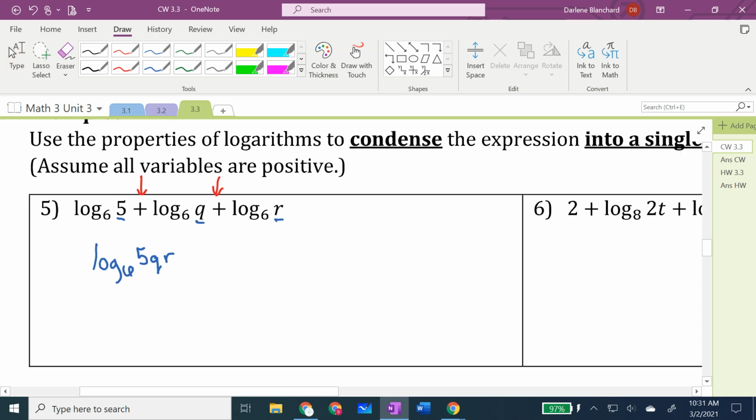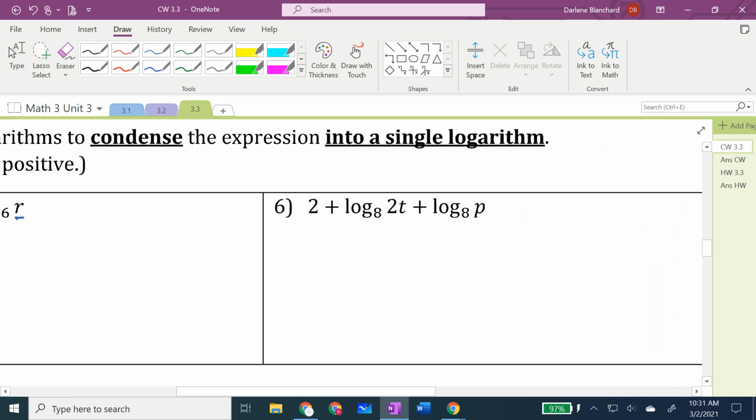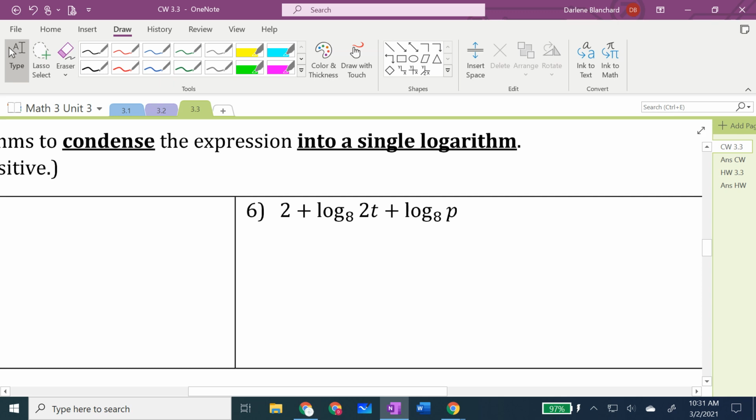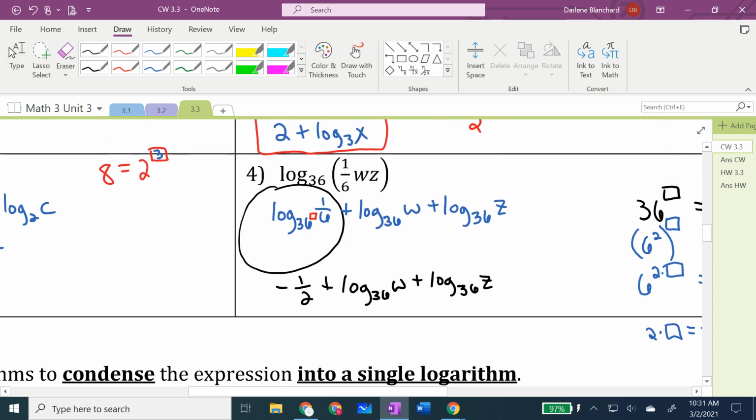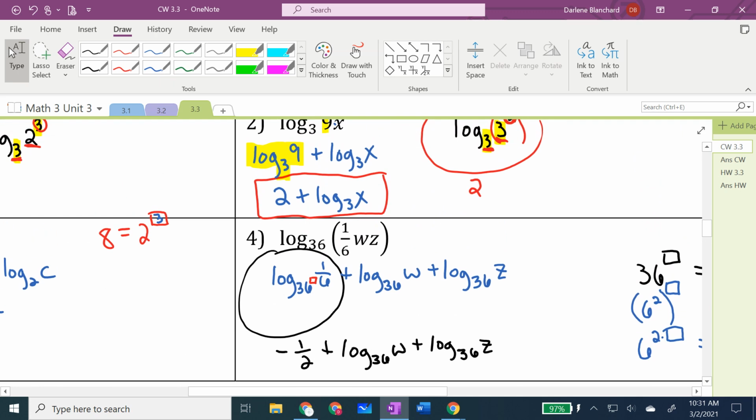If you are asked to condense an expression into a single logarithm that includes a number that is sitting there, I want you to remember what happened earlier. How did we end up changing a logarithm into a number? And now you're kind of reverse engineering this situation.